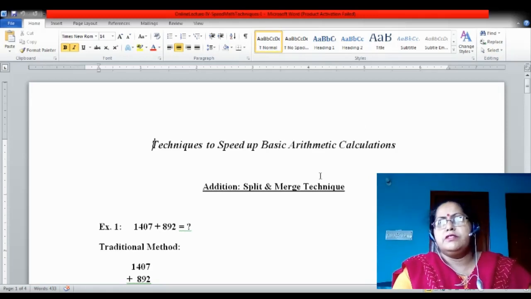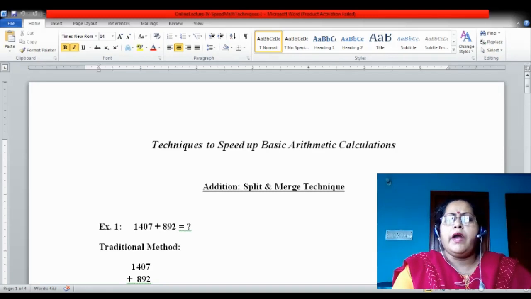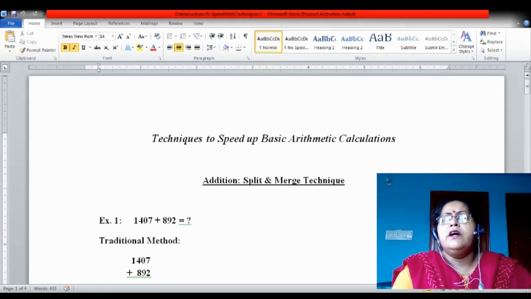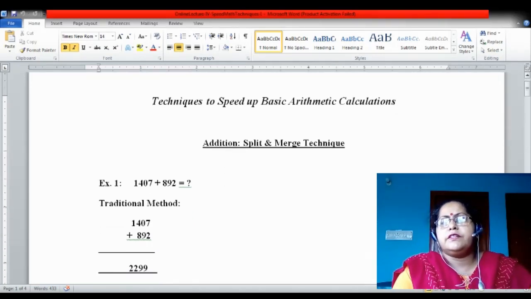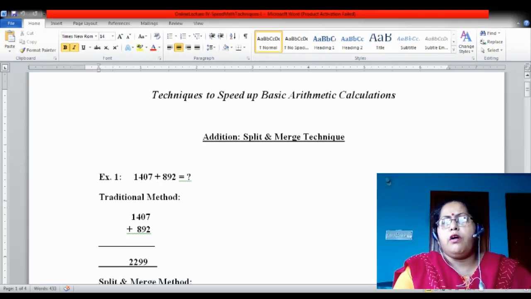Say I have an example over here, 1407 plus 892. First of all I have just shown the traditional method, which anybody can definitely do, but just to show what happens in it. In the traditional method you write the numbers one by one in rows and then you add. 7 plus 2 is 9, then 9 plus 0, and like this you go on adding.